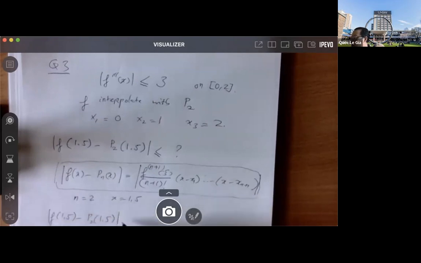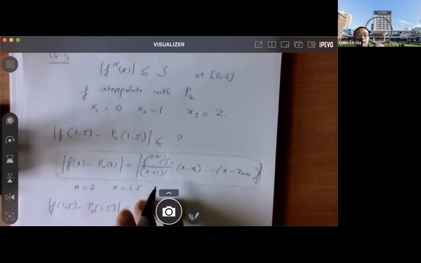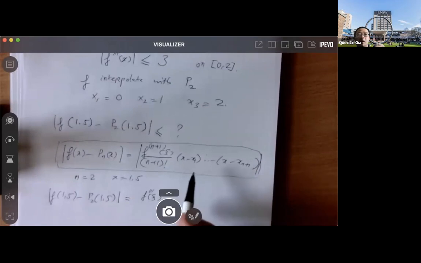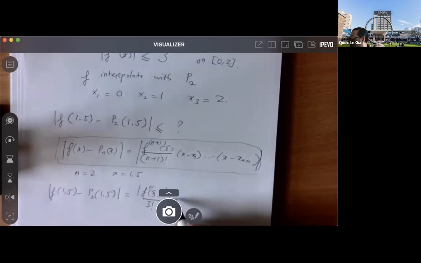With n equals 2, this becomes the third derivative at some point xi, where xi is between x1 and x(n plus 1), over 3 factorial, and then the absolute value of x minus x1. Remember our x is just 1.5.